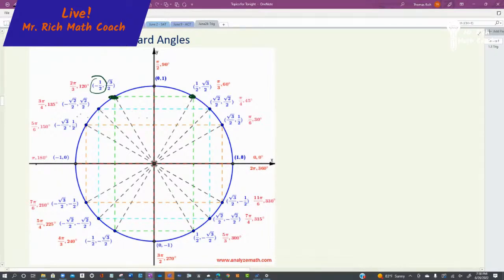But what I recommend is that you have a way to immediately, when someone says, hey, 210 degrees, what's sine and cosine, you should within just a few seconds be able to visualize or use some sort of trick that your teacher has taught you to know what the coordinates are, so that you know the sine and cosine.